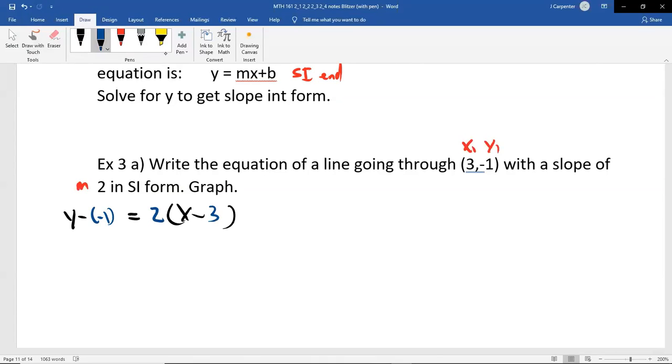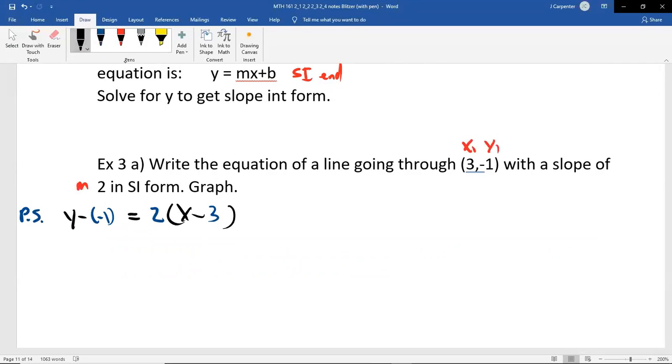There is our equation in point slope form. This is an equation of a line. This is an answer if all someone says is write the equation of a line. However, it's just generally known that we want to solve it for y, which is explicitly slope-intercept form.